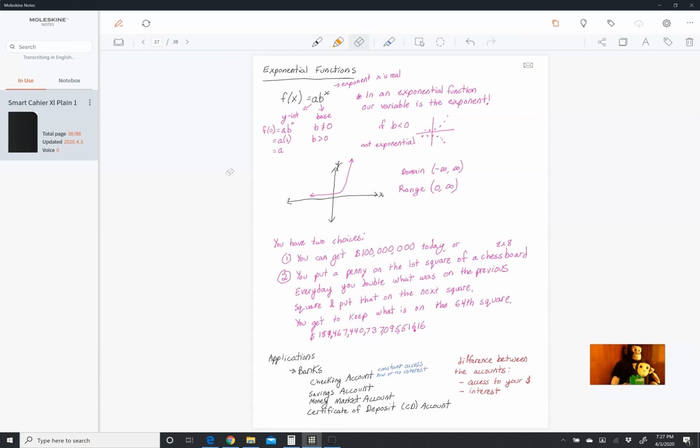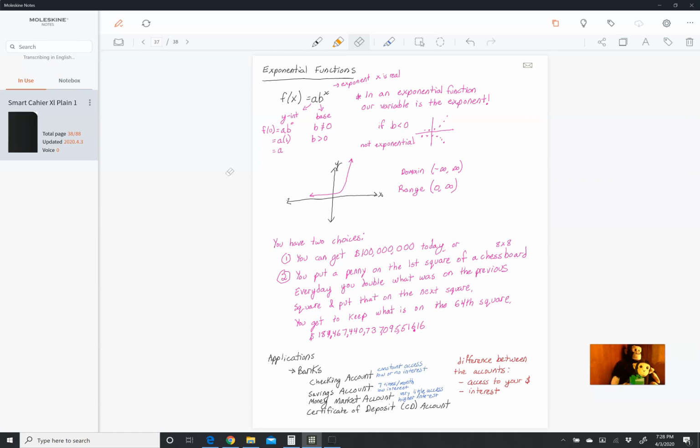A savings account is maybe 7 times per month, with interest, and the more money you have in the account, the more interest you'll get. A money market account is very little access, so maybe once a month, and it means that you have a higher amount of interest. So if for a savings account it's 1%, for a money market it might be 1.5%, which is very high. Actually, nowadays it's very high.